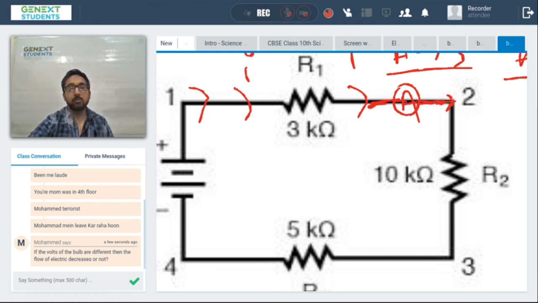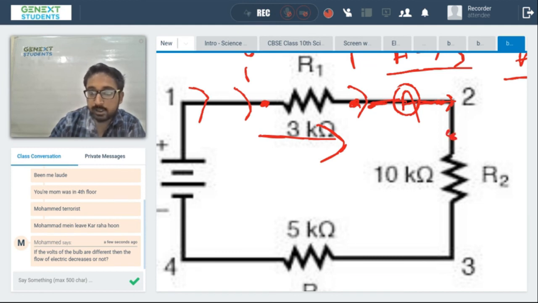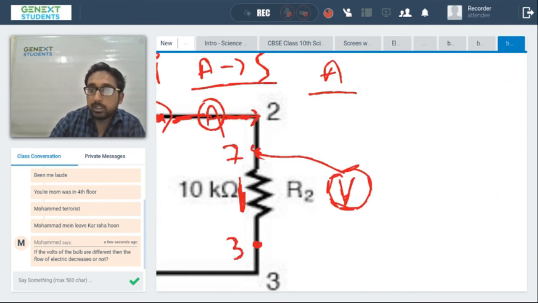How does the voltmeter get connected? See, I just told you this point is the higher potential, this point is the lower potential. That is only how current is flowing. Let's say this is going to be 7 volts, and this is going to be 3 volts. So this is the potential difference. The voltmeter needs to be connected to a higher potential and then to a lower potential.